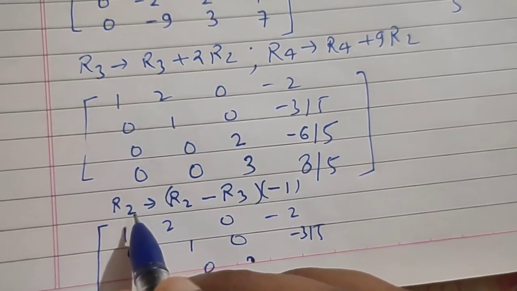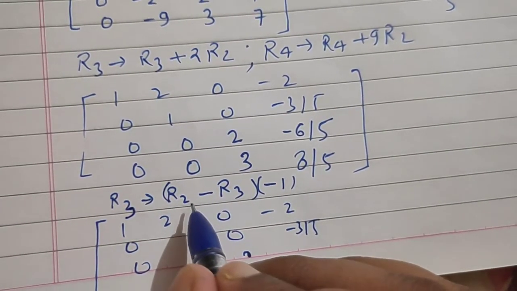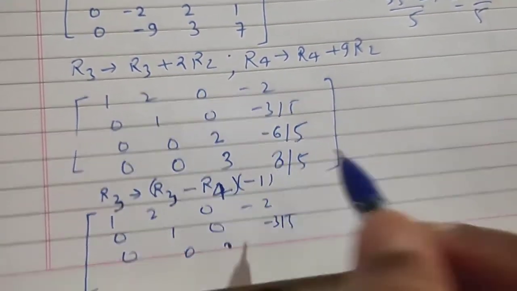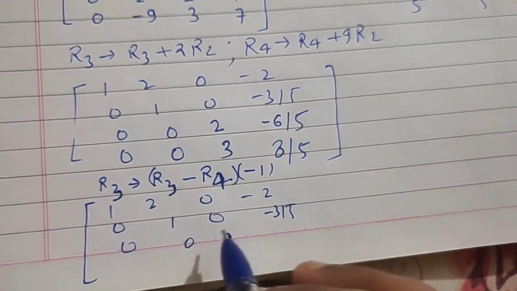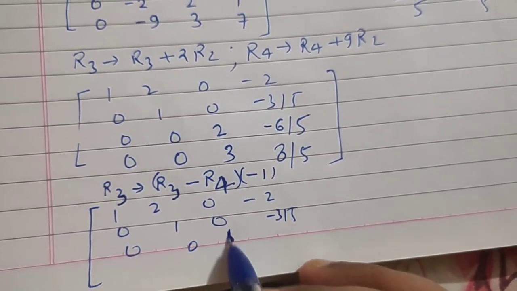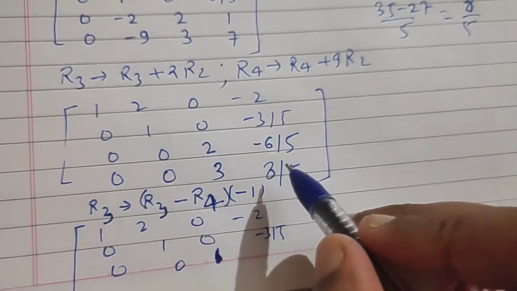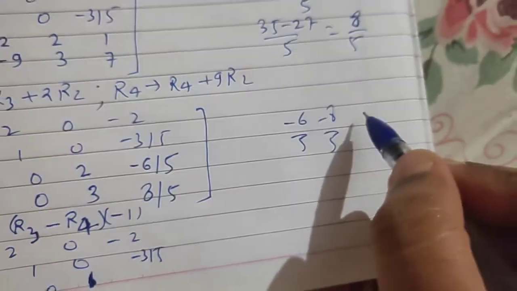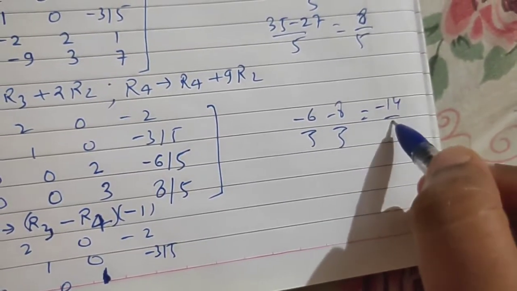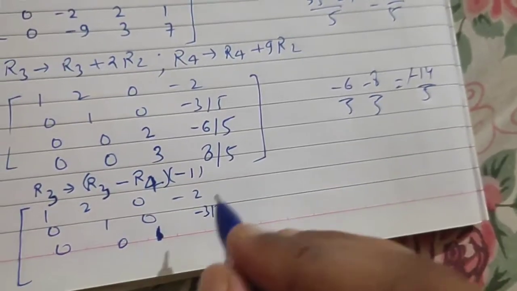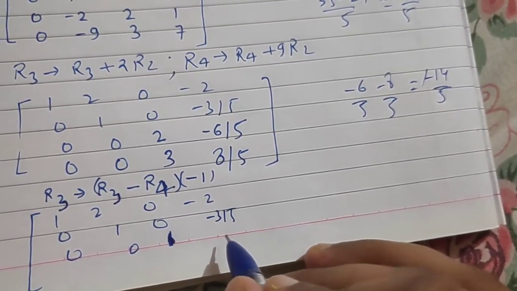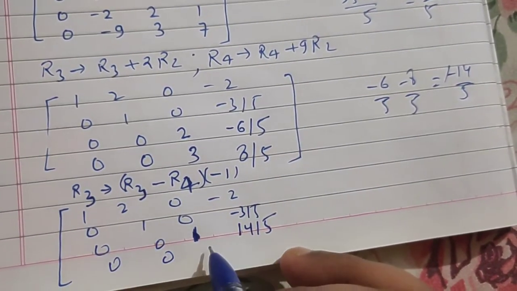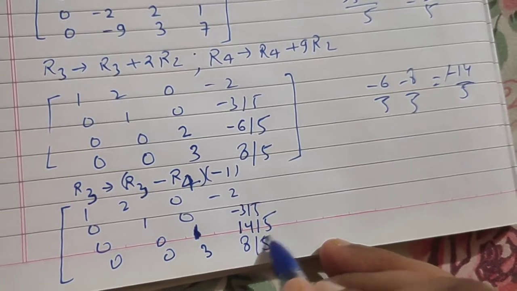So this is basically R3 to R3 minus R4. So I am using this 2. So 2 minus 3 is minus 1, multiplied by minus 1, that will give me 1. Okay, now minus 6 by 5 minus 8 by 5 is nothing but minus 14 by 5 multiplied by minus 1. So that will give me 14 by 5 here, and this is 0, 0, 3 and 8 by 5.